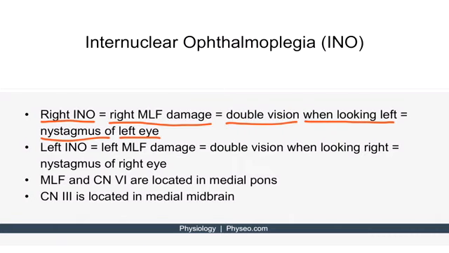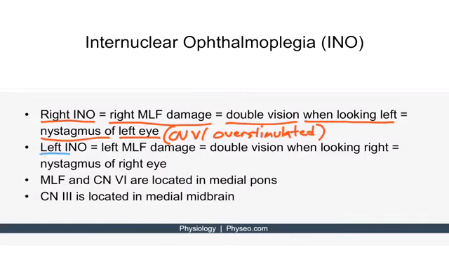If you have nystagmus of the left eye, that just means that cranial nerve 6, which is fully intact on the left side, is overstimulated. So this patient is getting double vision when looking to the left, so the left cranial nerve 6 will be overstimulated and the lateral rectus muscle will be overstimulated, leading to repetitive uncontrolled movements when looking to the left to try to correct that double vision.